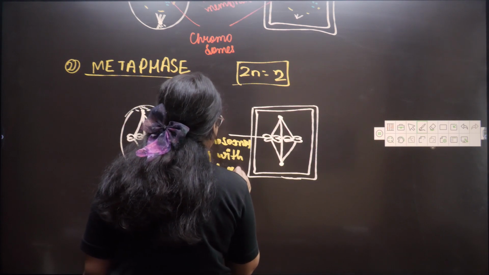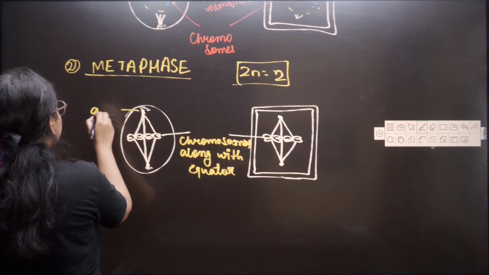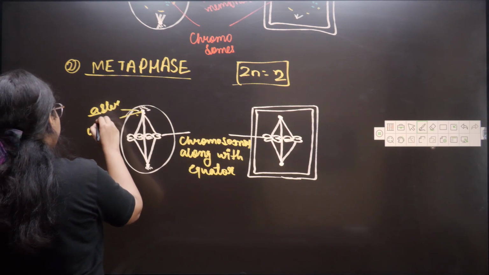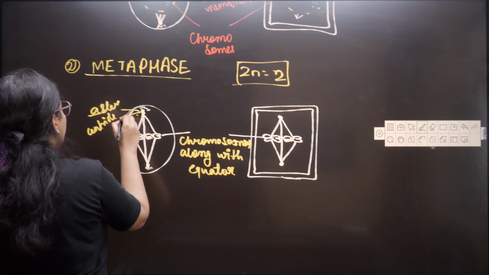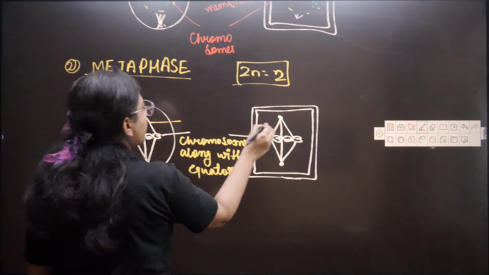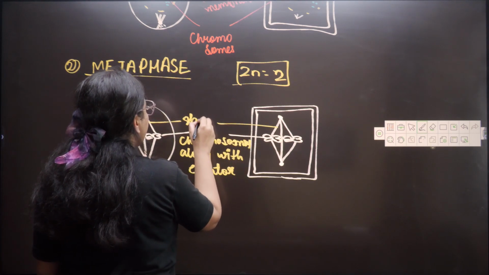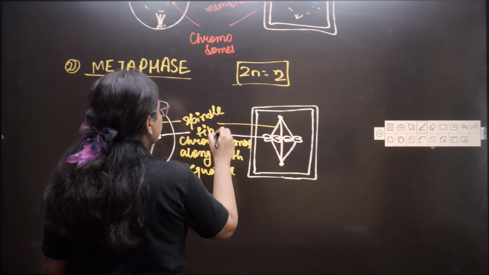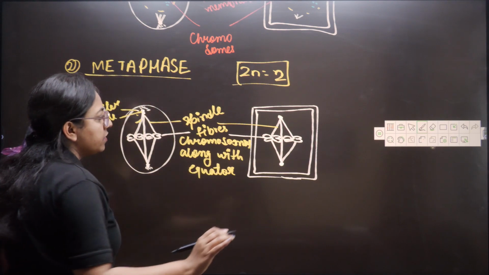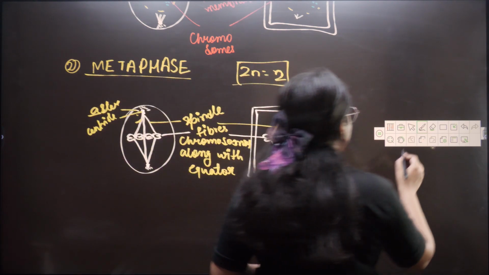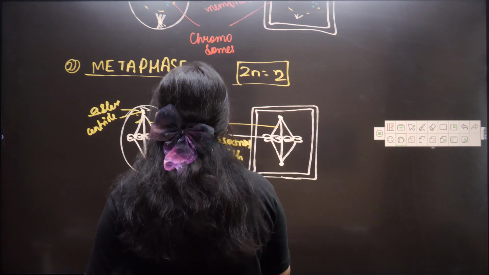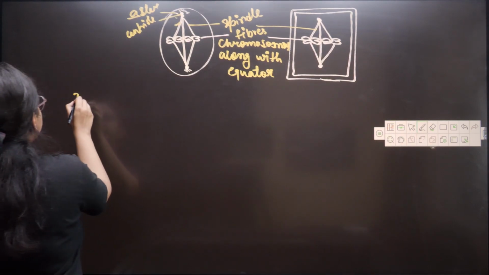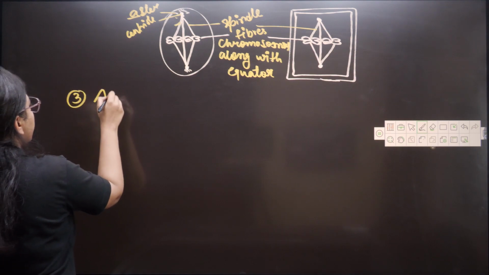Rest everything will be the same, labeling will be the same, like this is aster, this is a centriole, and for both of them spindle fibers. Everything will be the same, right? So the second phase is also done. Now let's do the third phase, and the third phase is anaphase.